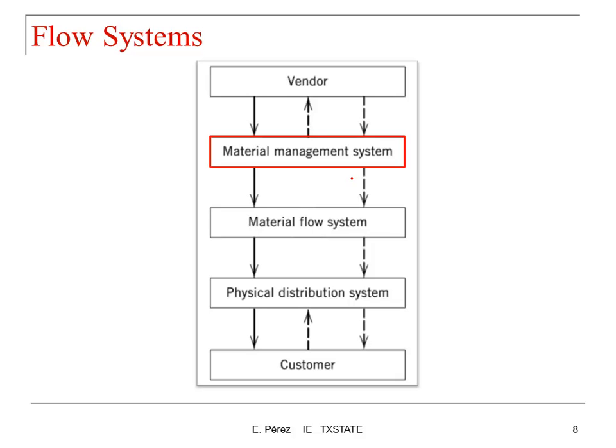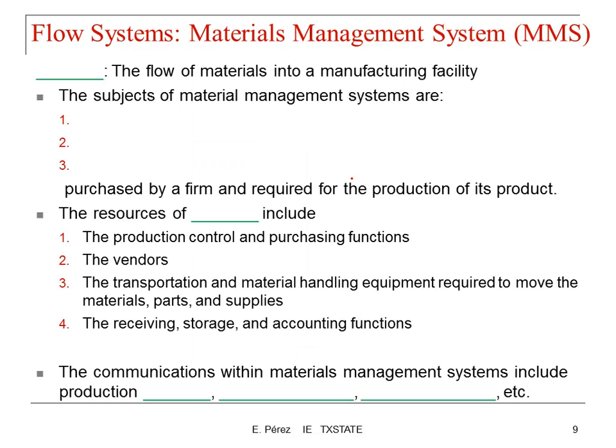Okay, so let's go and discuss what are the things that are happening in these three major areas, starting with the material management system. I'm going to use MMS just to shorten the material management system. It is the flow of materials into a manufacturing facility.